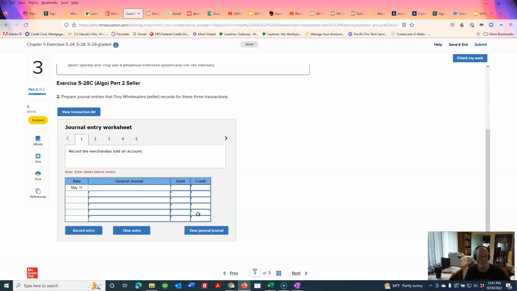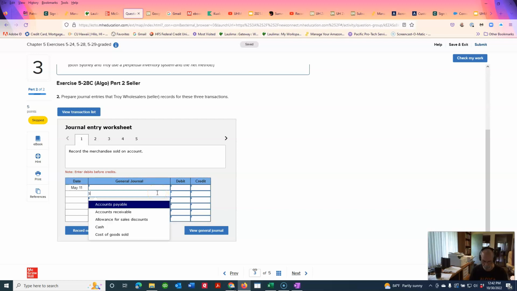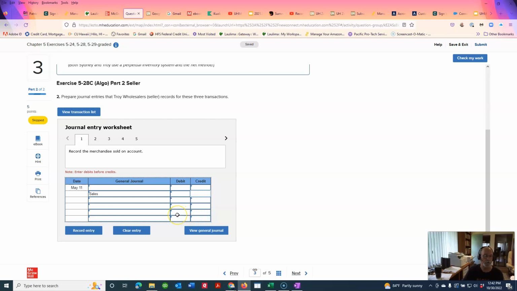On the buyer's books, we debited merchandise inventory for the amount of the purchase less the discount. However, on the seller's books, this amount is not a purchase, not added to inventory. Rather, the credit, first of all, is to sales. And the amount of the sale is recorded at net.